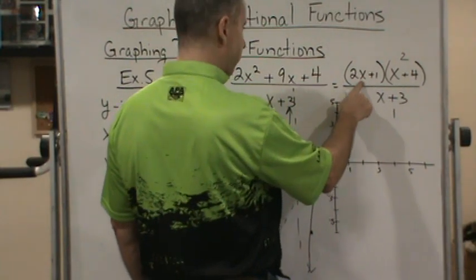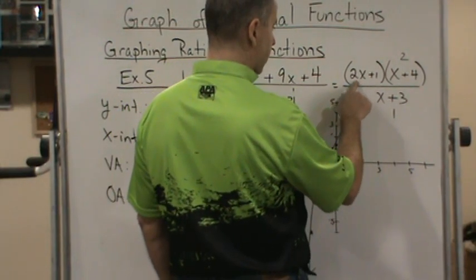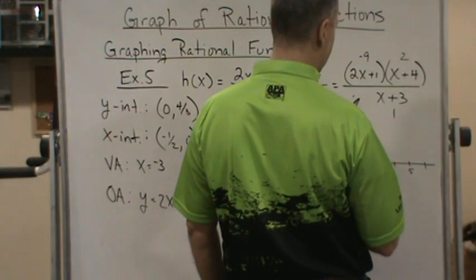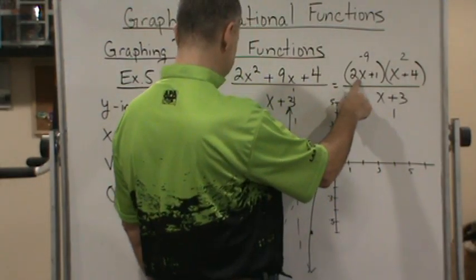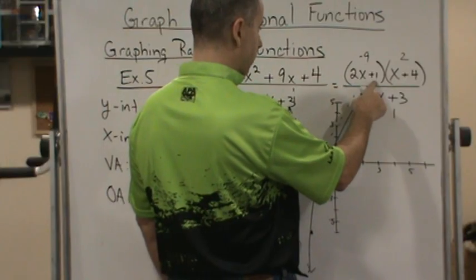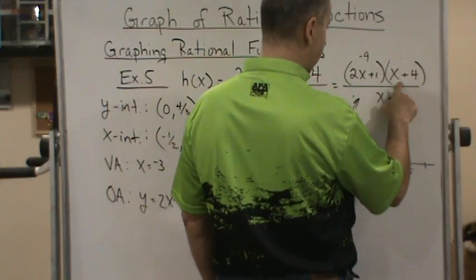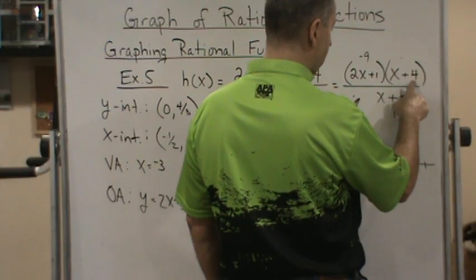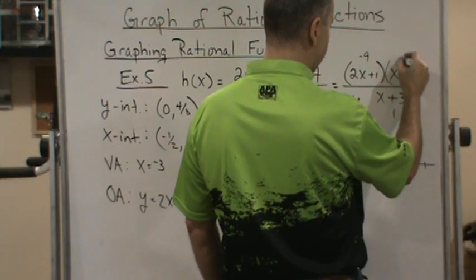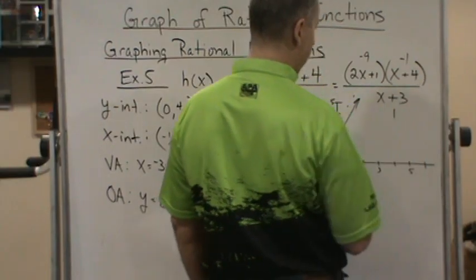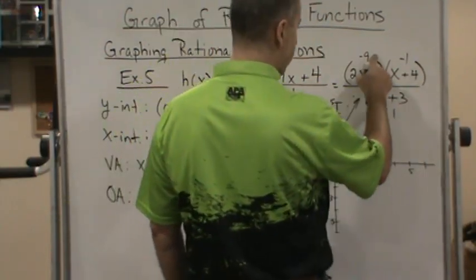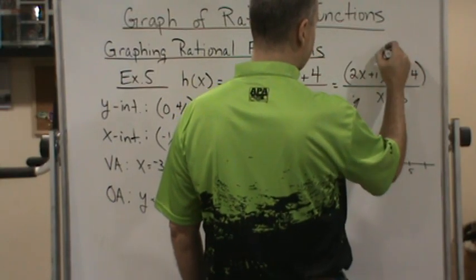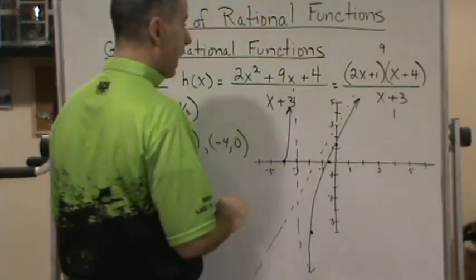If we plug in negative 5, this is negative 9, right? Let me make sure we did that right. So negative 5, that's going to be negative 9 here. Negative 5 plus 4 is going to be negative 1, so this product is 9.